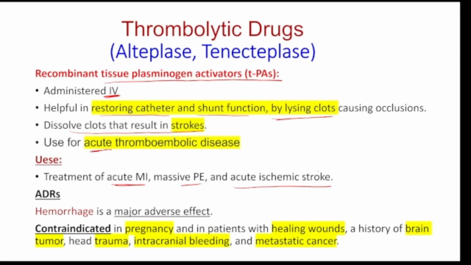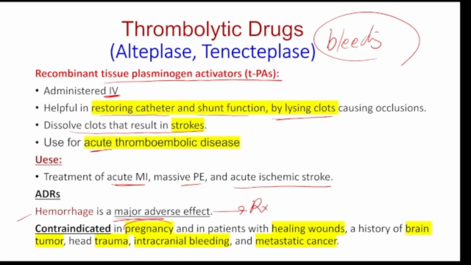When you have alteplase and tenecteplase, the patient may suffer from a risk of bleeding. So if the patient suffers bleeding, how can we approach it, what is the antidote here? We are going to answer this question later on. Adverse effects: we discussed hemorrhage, bleeding, the major adverse effect, and how we can treat the patient. We have it in the next slide.